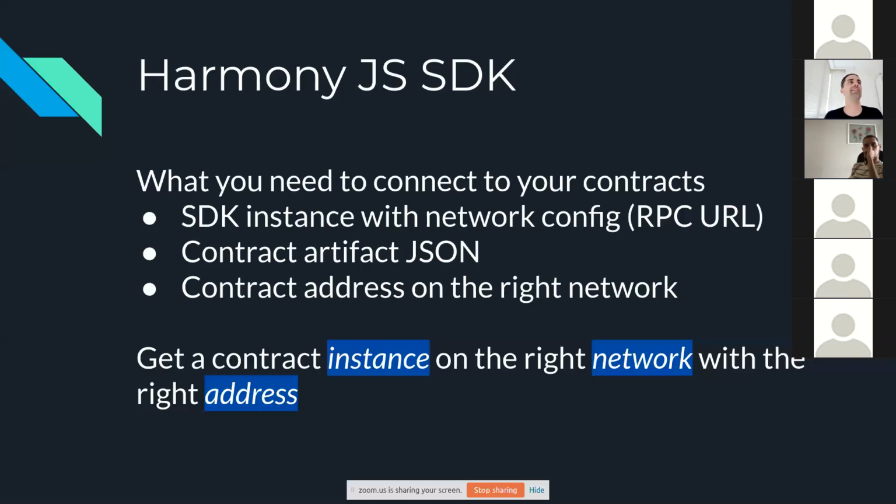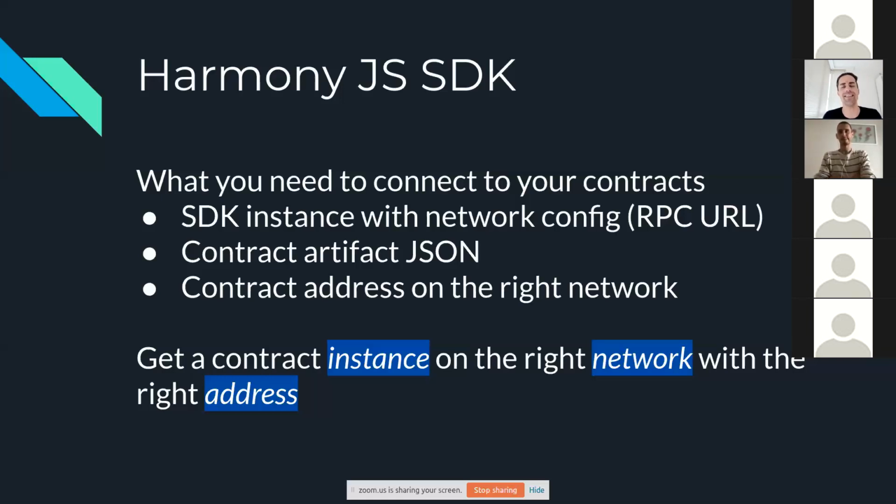So the other things that you need are the ones up top here. You're going to need the SDK instance with the network config, like pointing to the right RPC. I'll show you that in the code. And you're going to need that contract artifact JSON, that big JSON file I showed you.